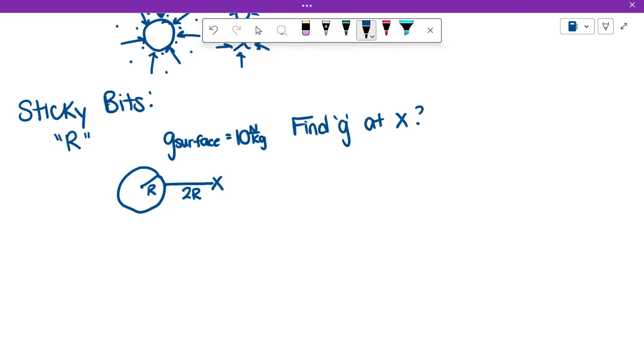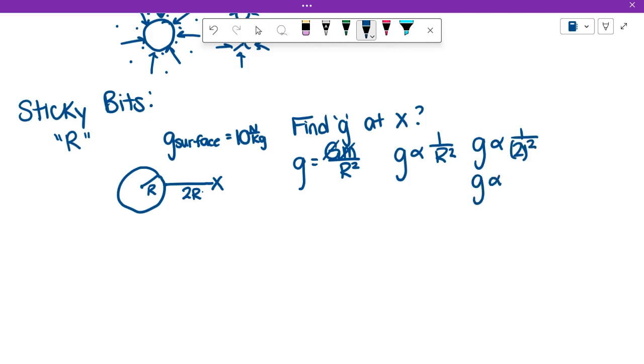So what a lot of students will do is they say, all right, well, g is m over r squared. So if G and m are remaining constant, because the mass of the planet is not changing, that means g is proportional to 1 over r squared. I am at a distance of 2r, so g is proportional to 1 over 2 squared.